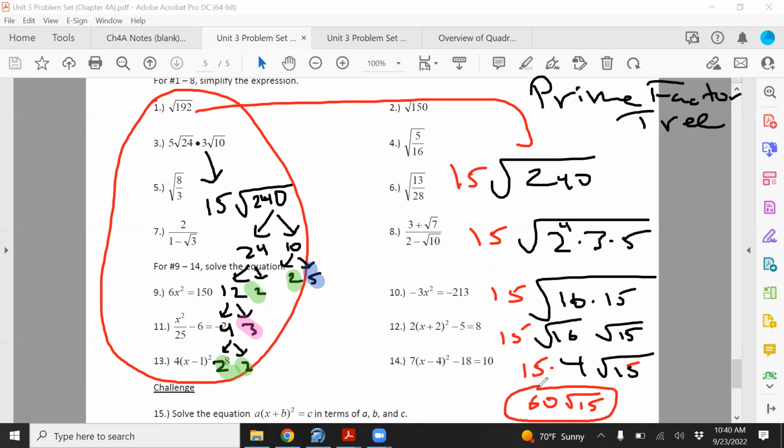Questions on that one? We had the 3 times 5 on the outside all along, going along for the ride while I was working on the 240 part. When I broke down 240, I got 2 to the 4th power times 3 times 5, and 2 to the 4th power is 16, whose root is 4. We took the square root of it, but you still have the 15 that was along for the ride.